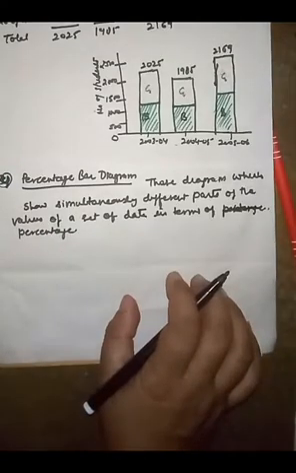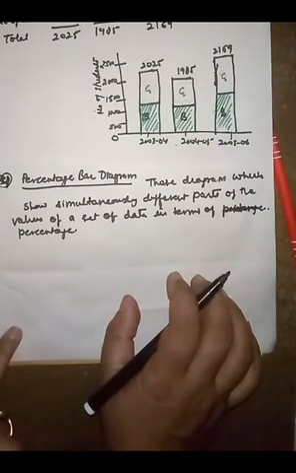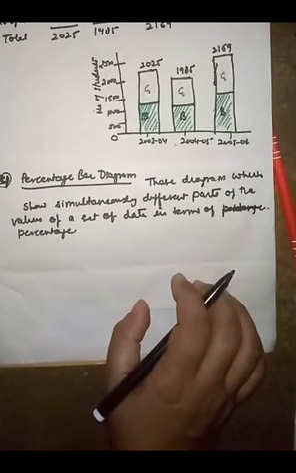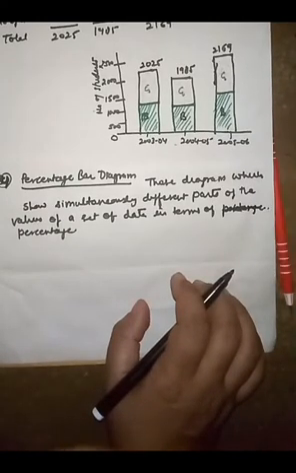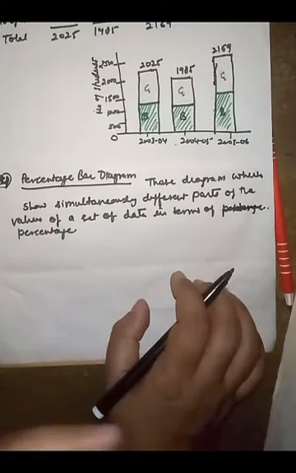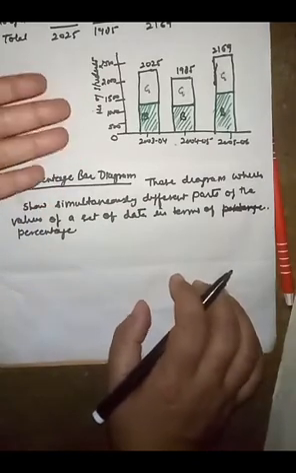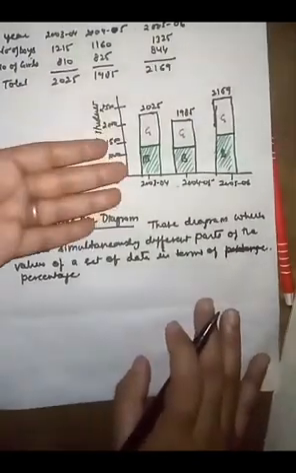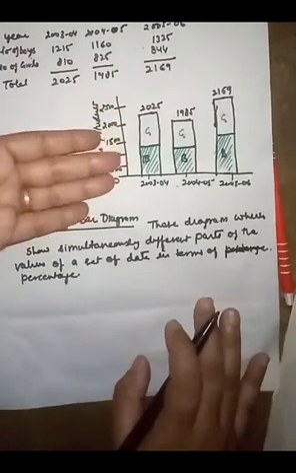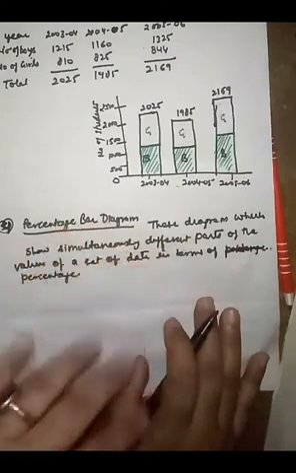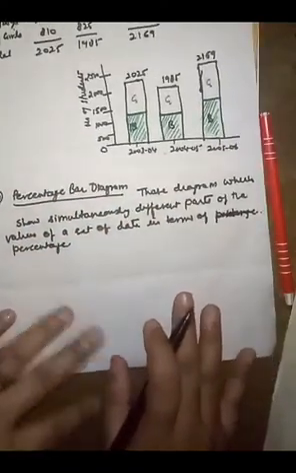Right friend? So let's see the percentage bar diagram by one example. How to make a percentage bar diagram? Firstly, the question arises in your mind. Just like a subdivided bar diagram, where you make the diagram in value form, in this case you have to make the diagram in percentage form.